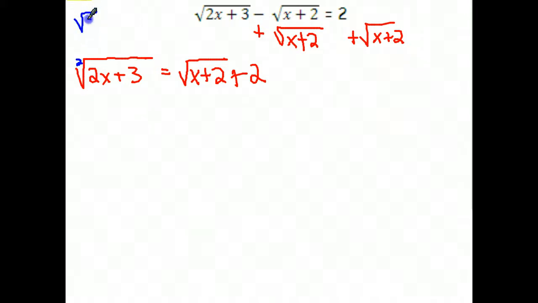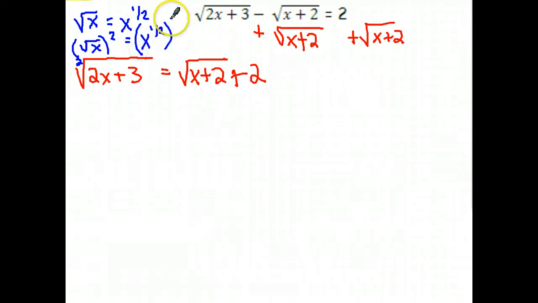If we have the square root of x, that's the same thing as x to the 1/2 power. Now, if I were to take the square root of x and square it, what I'm really doing is taking x to the 1/2 and then squaring that. Well, when you take a power to a power, you multiply their exponents, so you're left with x.